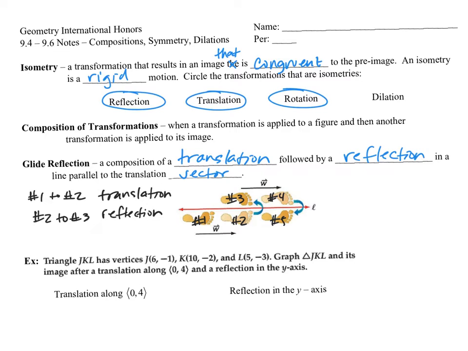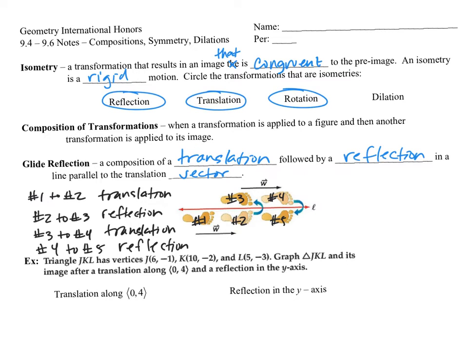And then finally, as we look at transformation 4 to 5, that's a reflection again in the line L. And notice again that L is parallel to the translation vector. So number 4 to number 5 is another reflection in the line L. Okay, so that would be a glide reflection just freehand.